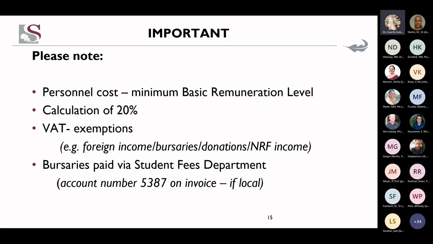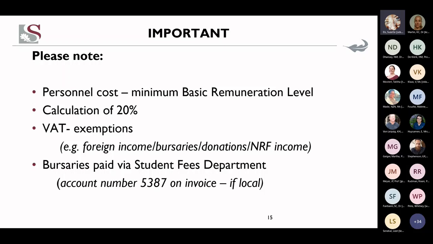When you receive funding for bursaries, it doesn't matter whether it's foreign or local. If you use the account number 5387, which will only be applicable on local invoicing, it won't attract any VAT or any ICRR. So then you don't need to have any adjustments for that.